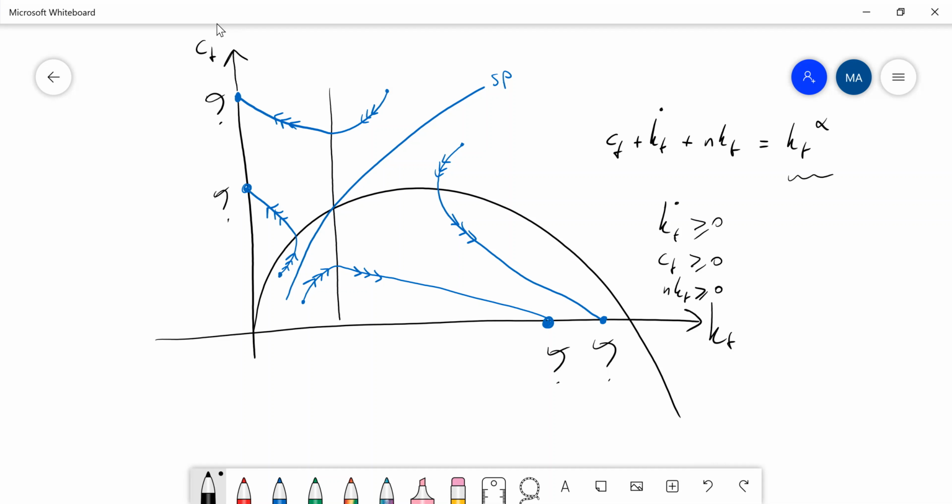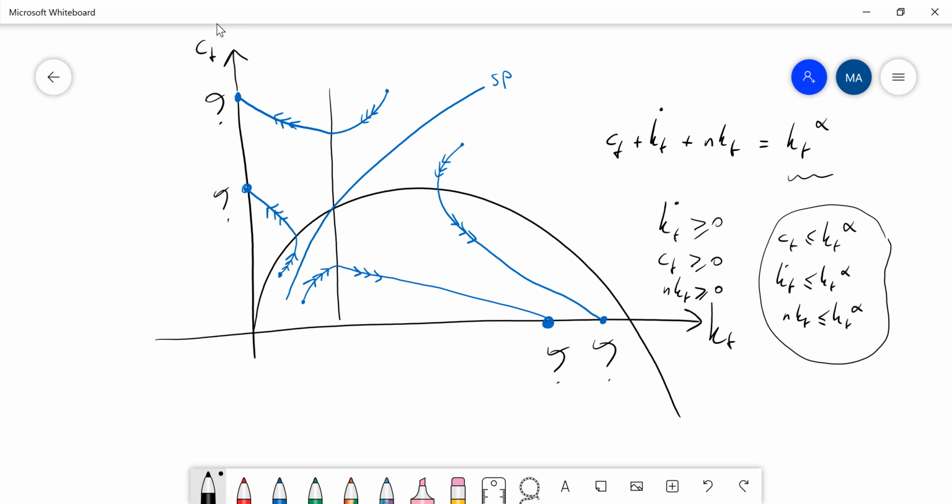So you must have a positive amount of capital if you want to consume, because C_t will be less than K_t to the alpha, K dot t will be less than K_t to the alpha, and K_t will be less than K_t to the alpha. So this is our feasibility constraint.